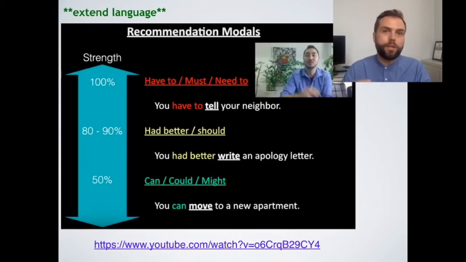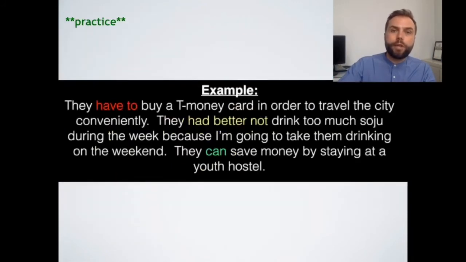Notice how these modals were presented with this arrow of strength going from 50% to 100%. In that video you saw more examples of modals. This is to extend the language further. And you also saw a task, so let's do the task.